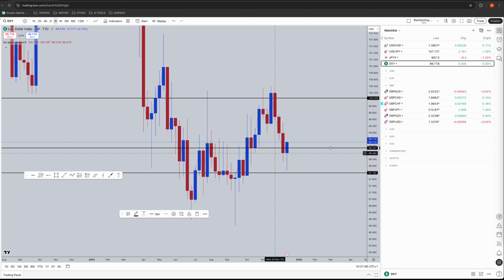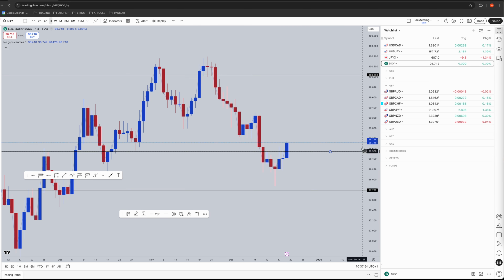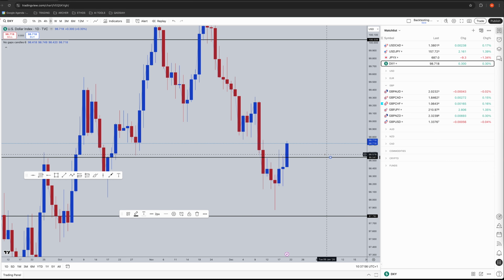So this isn't invalid for me, but if we go to the daily, I want to see some more confirmation and I want to see what the close-up price action is of that zone.